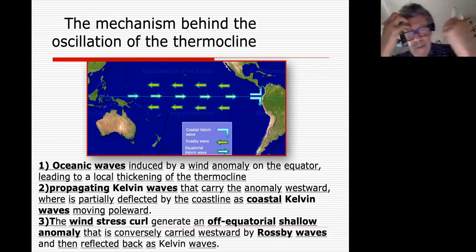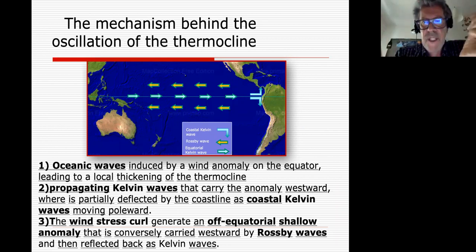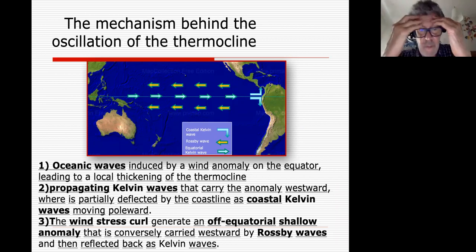When the Kelvin wave impinges on the Peru coast, part of the energy is deflected northward and southward as coastal Kelvin waves.